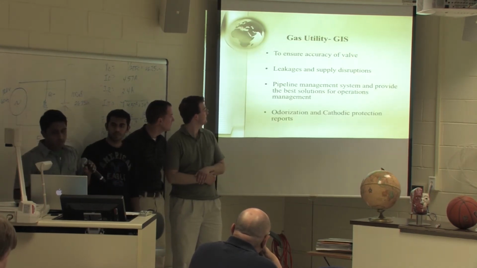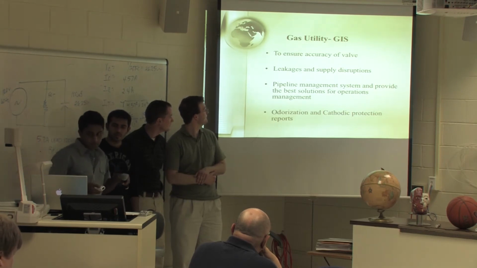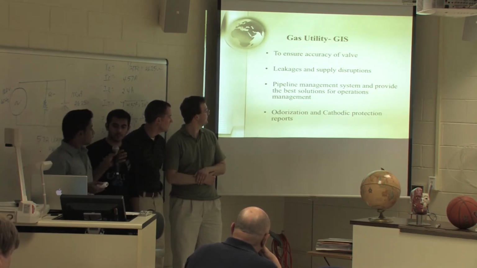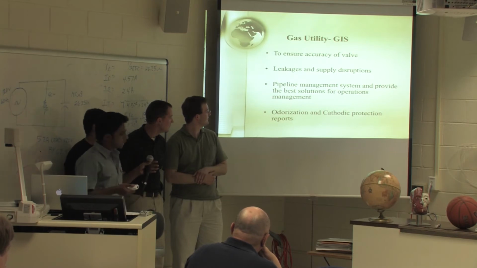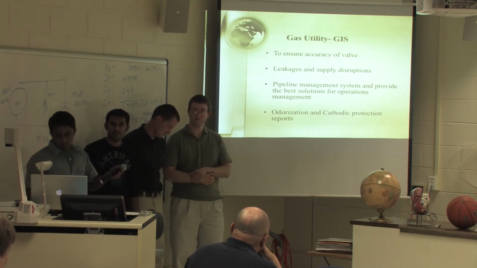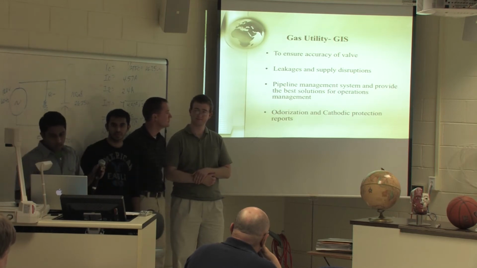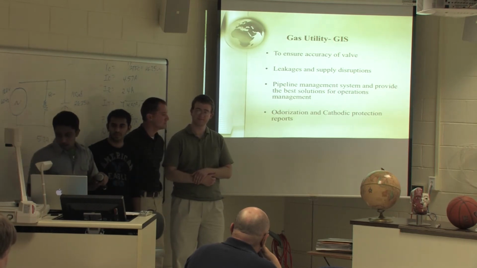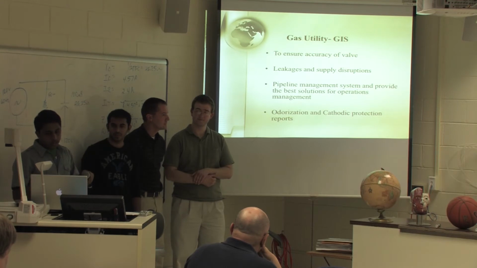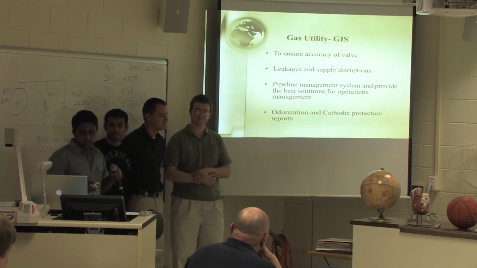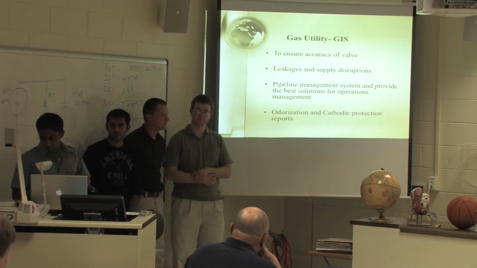The second usage is the gas utility. The staff of the gas utility regularly monitor many parameters like leakages, outages, and many other factors. Pipeline management provides the best solution for operation management.